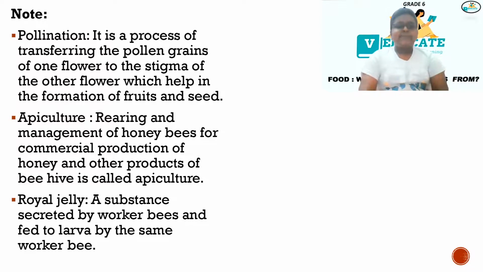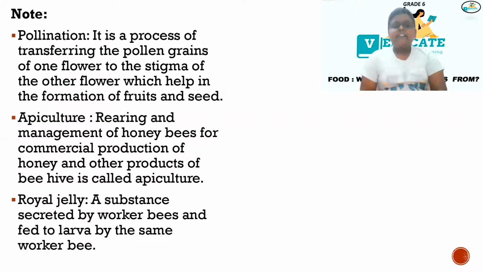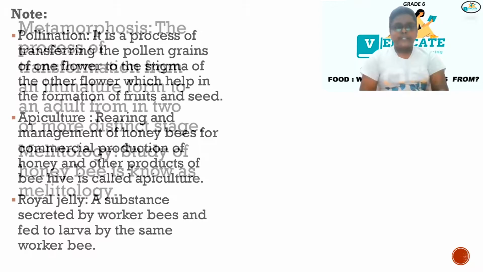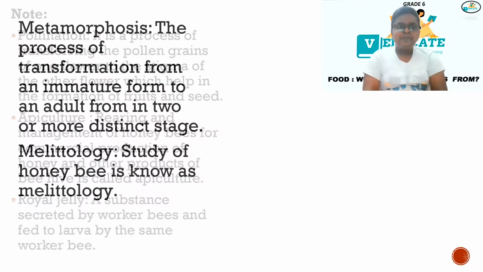Royal jelly is a substance secreted by worker bees and fed to larvae by the same worker bees. These three videos, on apiculture, pollination and royal jelly, I will show in the next revision class.